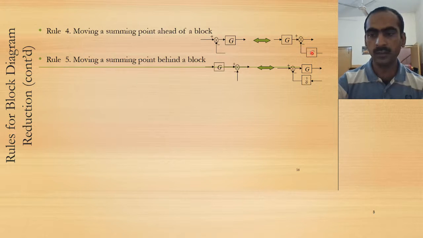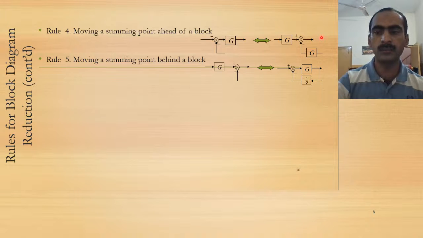And if I did not multiply with G, then the output would have been AG minus B. That would be wrong.